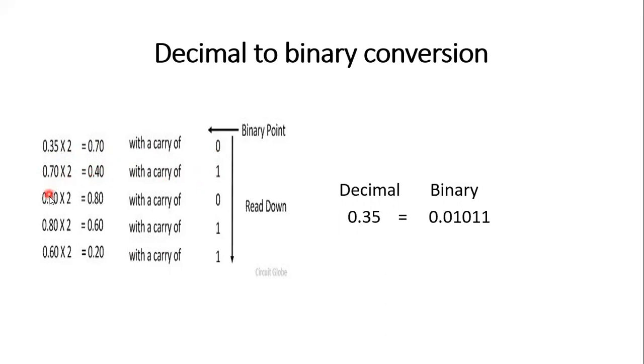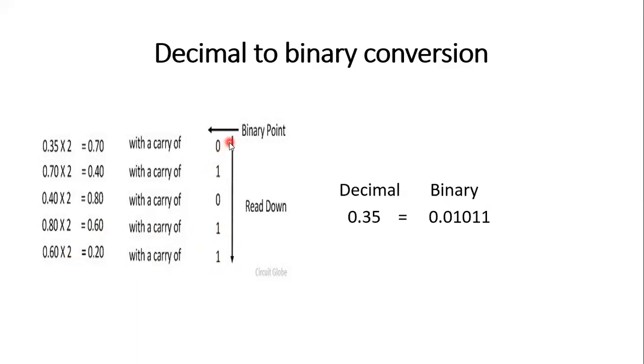Again this 0.40 multiplied with 2, 0.80. So no carry. No carry means you put 0. Again you take this 0.80 into 2, 1.60. Therefore 1 is a carry, you put here. Then 0.60, you multiply with 2, 1.20. Therefore carry is 1, put here. So this number is going on, so we can stop at one stage.